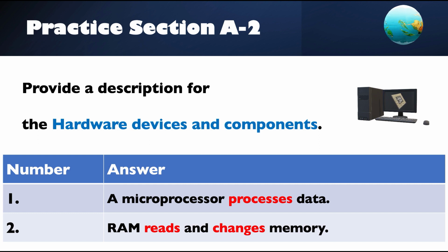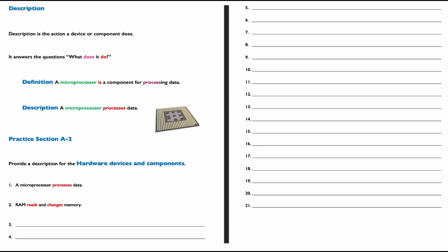So RAM reads and changes memory. That's most of part 2, where you're going to have to write the descriptions. You've got the handout. There are 21 descriptions to write, and I wish you luck with that. Do those if you can before watching the second video.